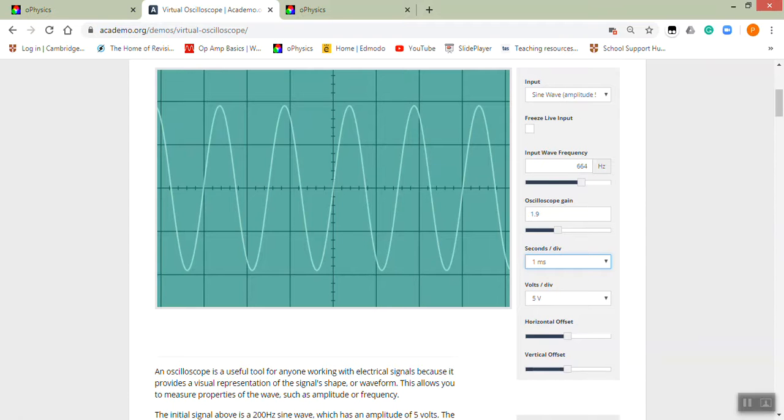So it's 2 wavelengths in 3 time-based settings, so 3 milliseconds in this case, if we look at the seconds per division, and then from there we can calculate the period. It's time per wave: 3 milliseconds for 2 waves, and we can get the period from there.